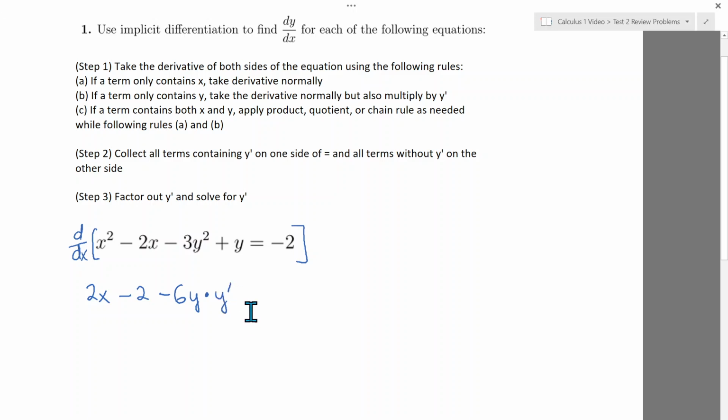And then similarly the plus y contains y, so the derivative would be plus 1, and then times, again because it contains y, we have to multiply by y prime. And then equals, and then we also have to take the derivative of negative 2, so the derivative of a constant is just 0.